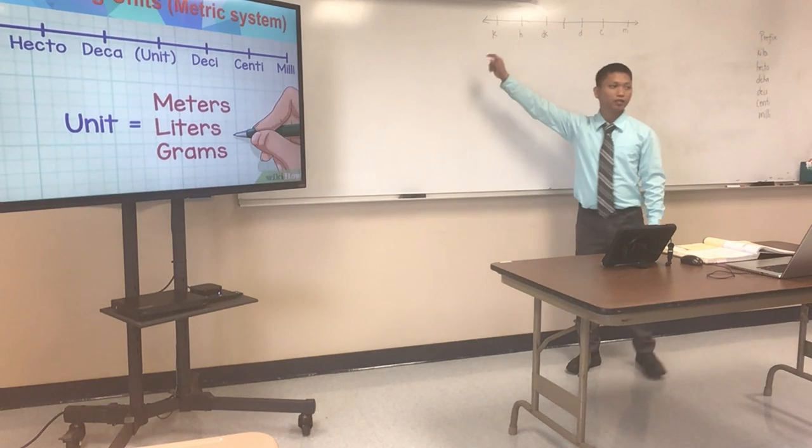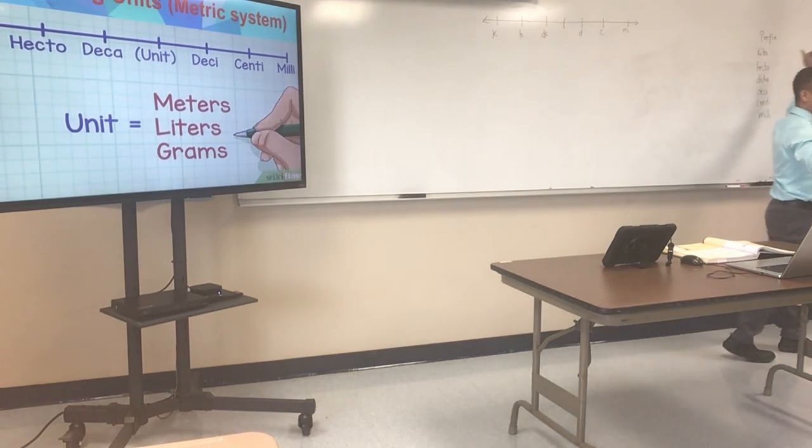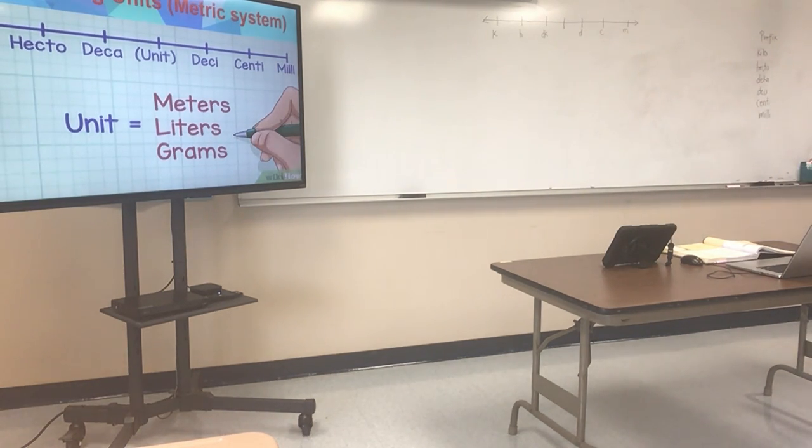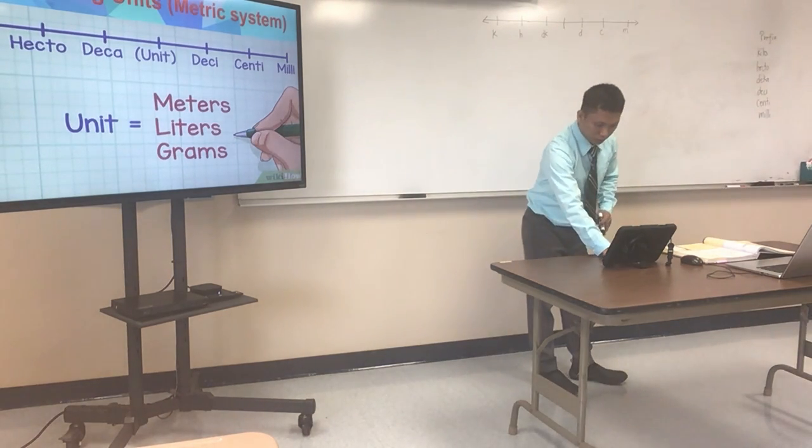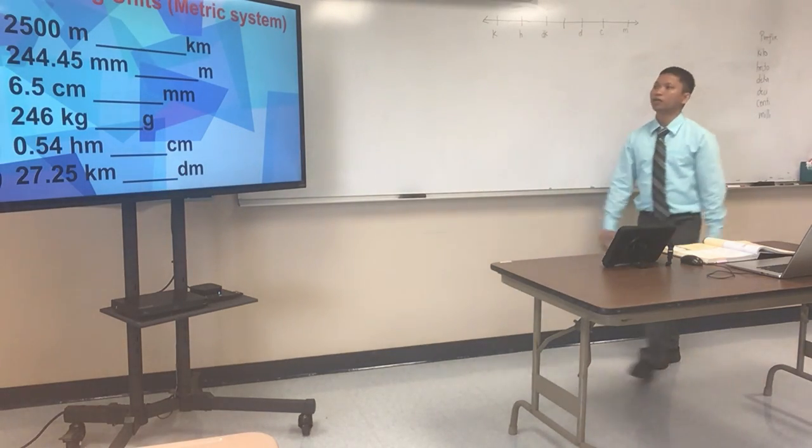We use a prefix plus the base unit. This is kilo, which means 1,000, so that would be K. We have hecto, deca, deci, centi, and milli.